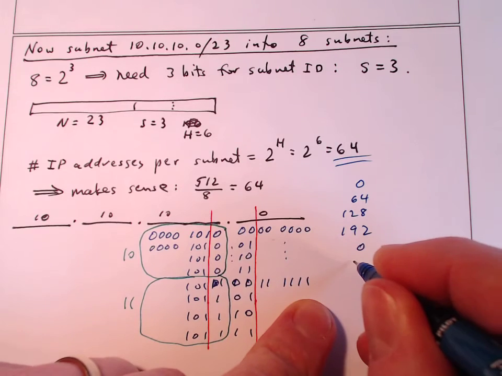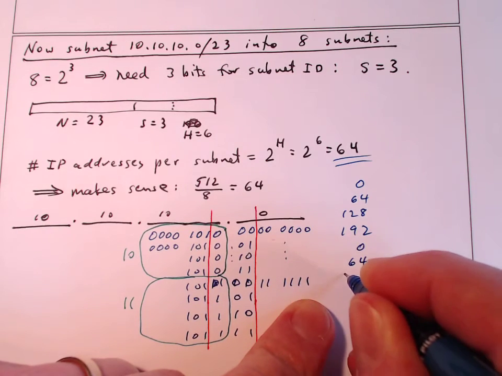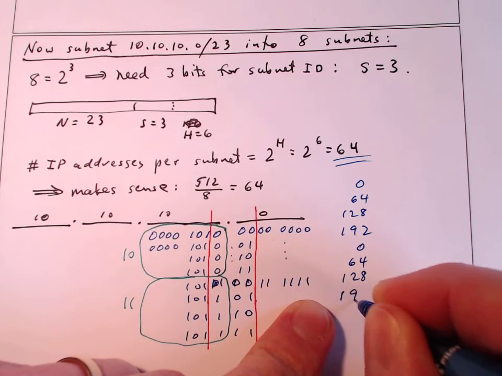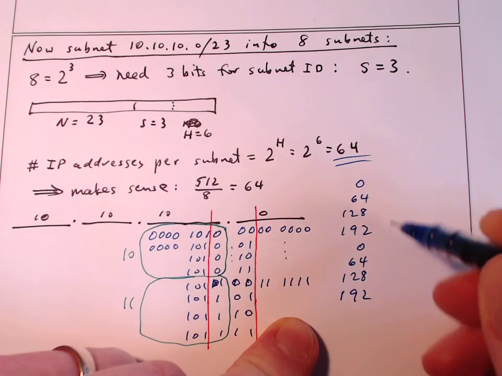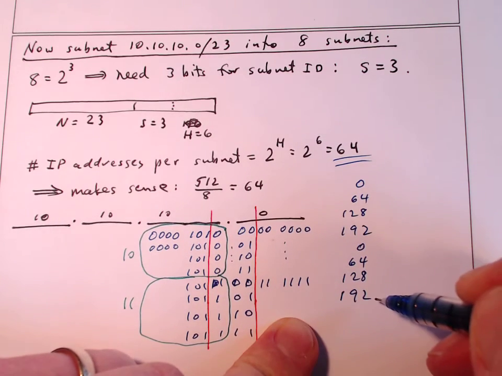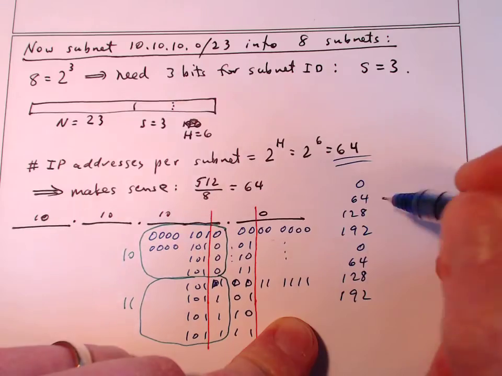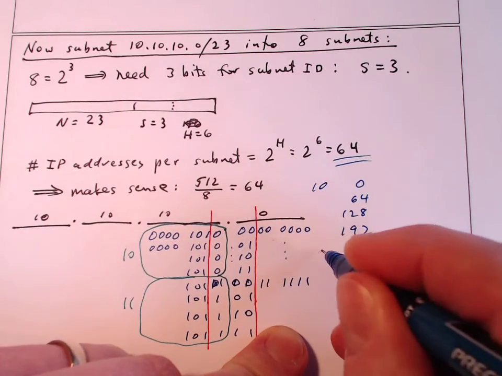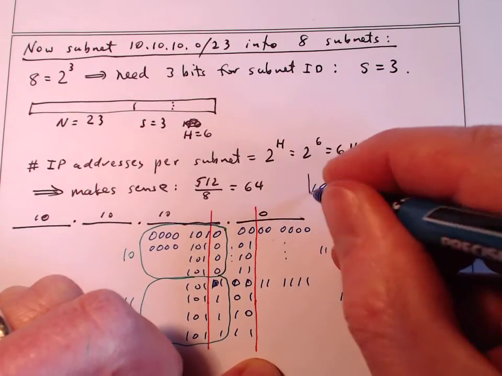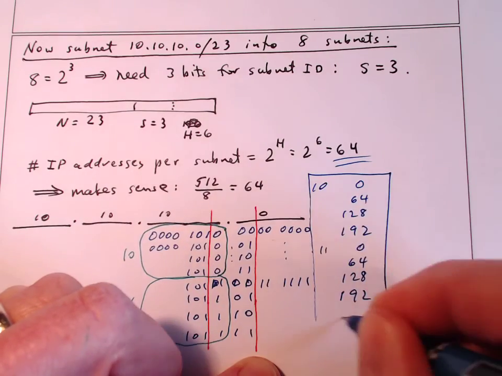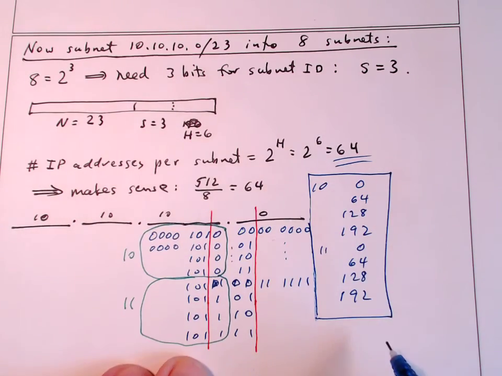That means I have to start over again. These are going to be the last octet, and then I'm going to switch over from a 10 to an 11.